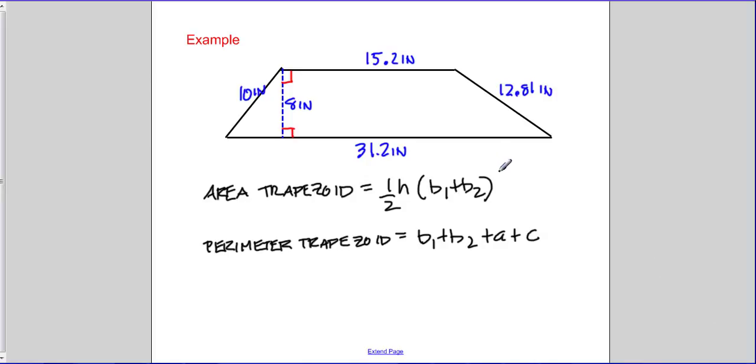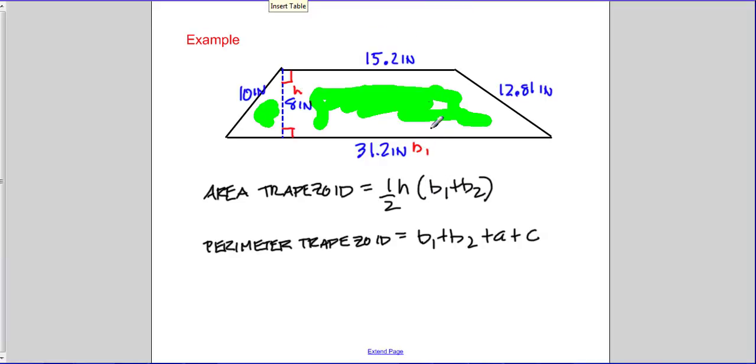We actually have one more example left, and it's with a trapezoid. I've given the area formula for a trapezoid. The area of the trapezoid represents how much space the trapezoid takes up. The perimeter of a trapezoid is the distance around the trapezoid. So the area of a trapezoid is 1/2 times the height, and the height of this trapezoid is 8, times the sum of the bases.